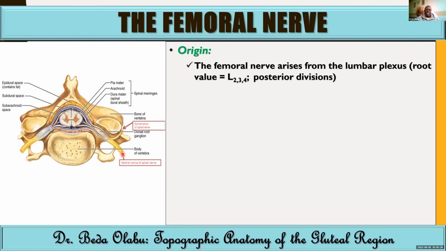Dorsal rami generally go to the back of the body. The structures innervated by the dorsal rami may not have migrated so much during embryonic development of a human being, and so they tend to be segmental. But the structures supplied by the ventral rami seem to have migrated significantly, especially in the region of the limbs.